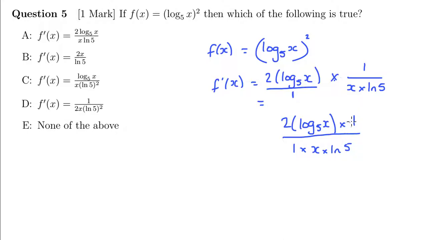Now we don't need any of the ones, we can ignore the ones. And rather than write x times natural log 5, we can just write x ln 5. So the answer is A.